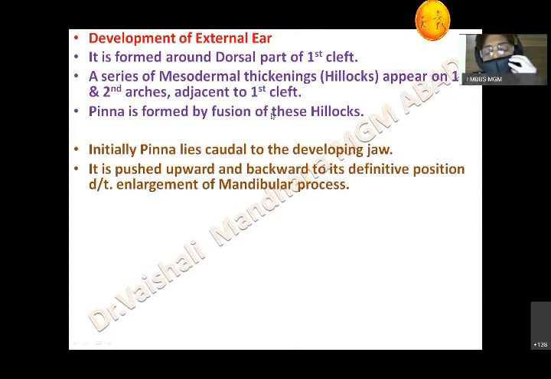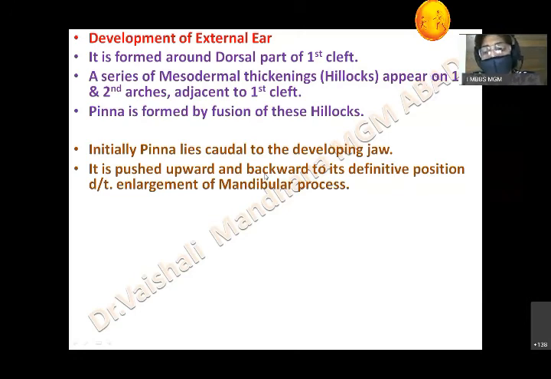Maxillary and the mandibular processes are where the first arch is. Now you can appreciate the position of the ear is very low. Initially this pinna lies caudal to the developing jaw, but it is pushed upward and backward to its definitive position because of the enlargement of the mandibular process. Okay, so mandibular process enlarges and the ear is shifted to its normal adult position.